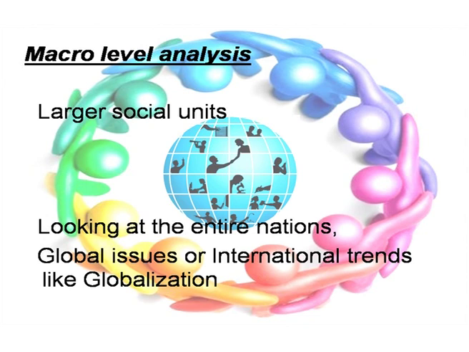The third level is macro level analysis. Larger social units in the social world are studied under macro level analysis. It involves looking at the entire nation, global issues or international trends like globalization.